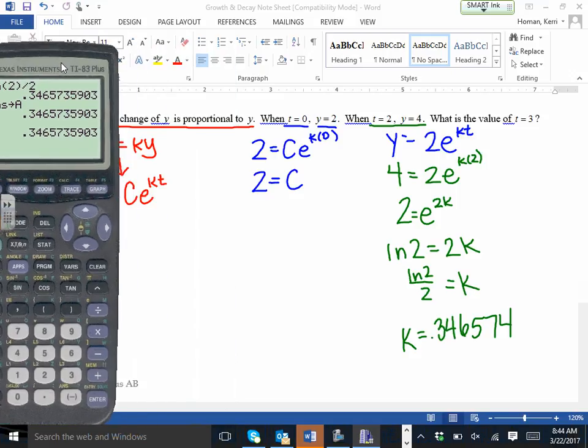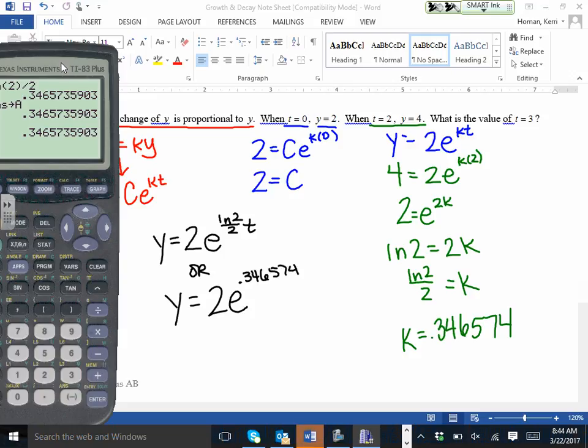Okay, so now what we can say is that our equation y equals C e to the kt. You can either write natural log of 2 over 2 times t, or you can write 2e to the 0.34657t, which is probably what most of you are going to do. Okay. So now we need to know the value at t equals 3.